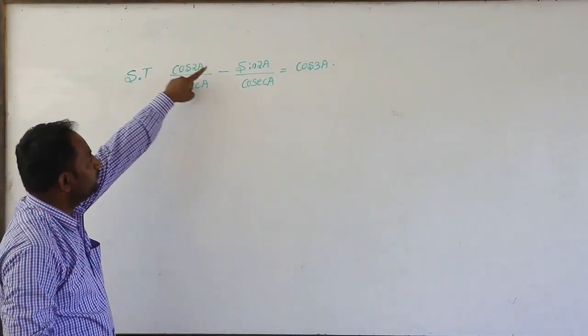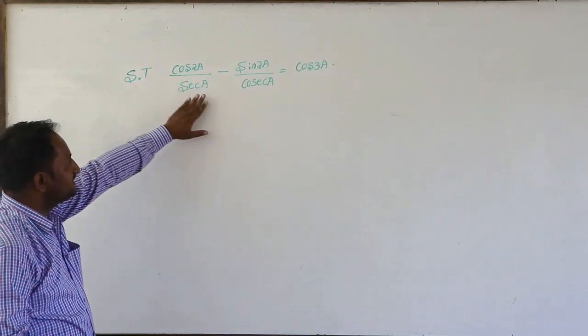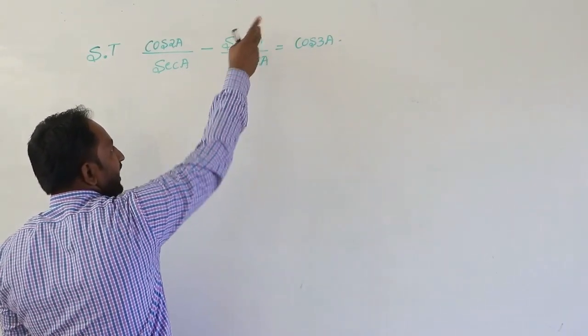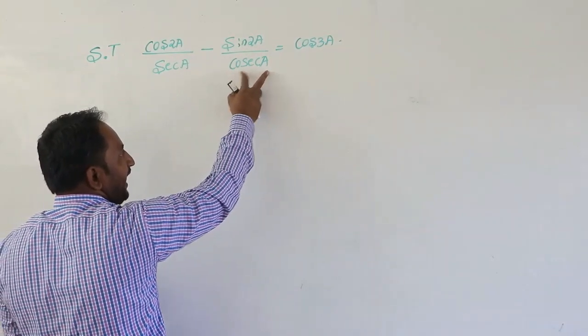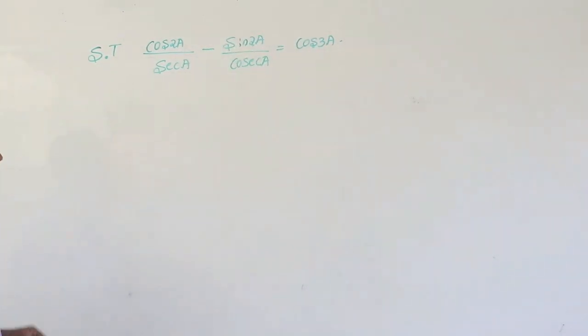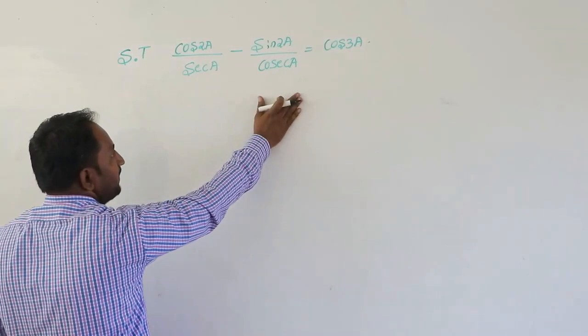Cos of 2A divided by sec A minus sin of 2A divided by cosec A is equal to cos of 3A. How to prove this one?